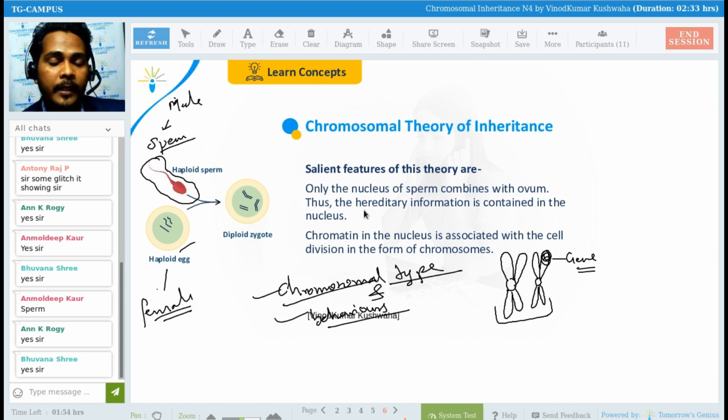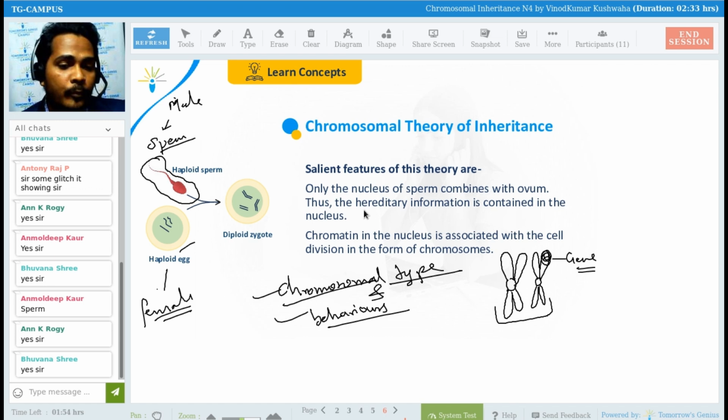These two are important that determine the homogeneity, whether it is homozygous or heterozygous, whether it is dominance or recessive. All these characters are suggested by the chromosomal type and their behavior.